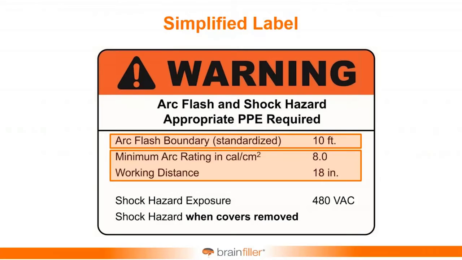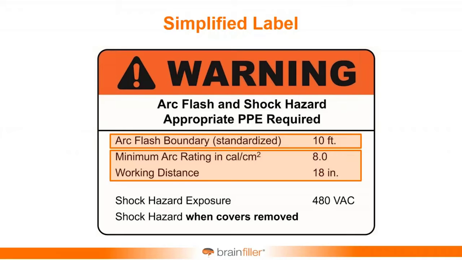And all the short circuit study does is it's a set of calculations in a report to just document, are all those listed interrupting ratings adequate, period. And so that's kind of a similar strategy here. Most are going to standardize on some type of, we call it, a daily wear arc rating. Could be 8 calories, 12 calories. Somebody's going to decide that. And so the arc flash study is really just validating where that 8 calorie rating is going to be sufficient, kind of like comparing to a circuit breaker or fuse interrupting ratings. And it makes it so much simpler.